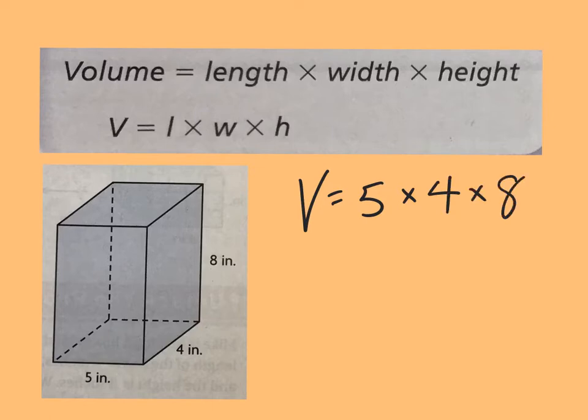Now I can change these to any order I want because of the commutative property of multiplication. But this is actually easy because 5 times 4 is 20, and then 20 times 8 is 160. So my volume of this box is 160, and I'm going to say inches because that's my label, and cubed. Or I could say cubic inches.